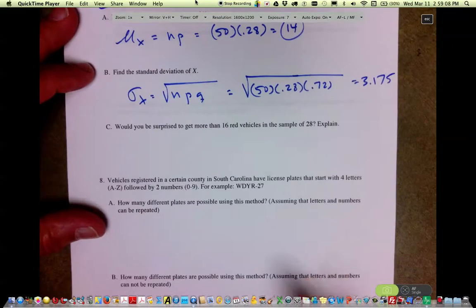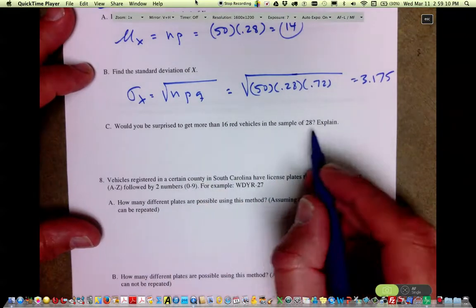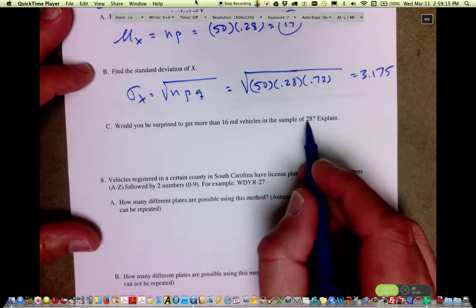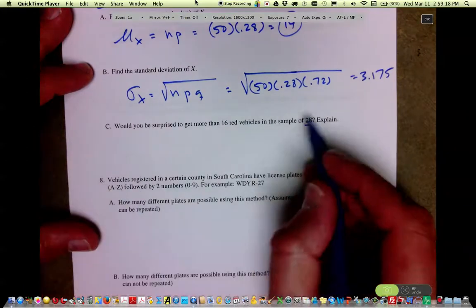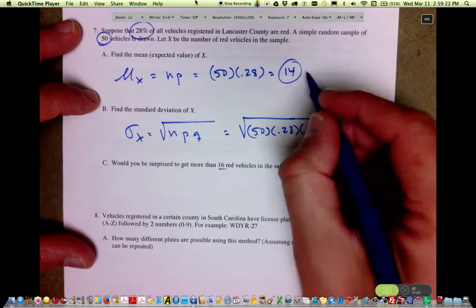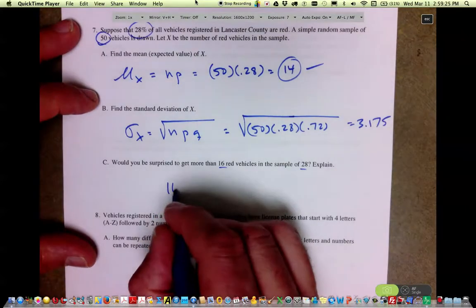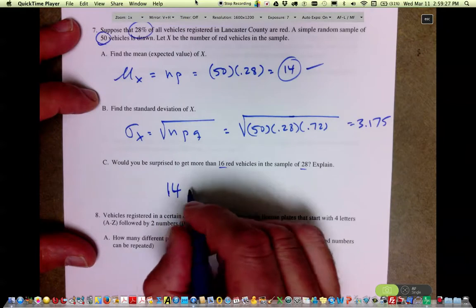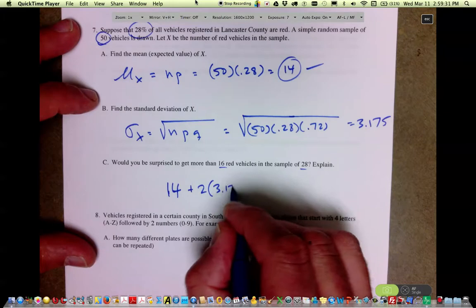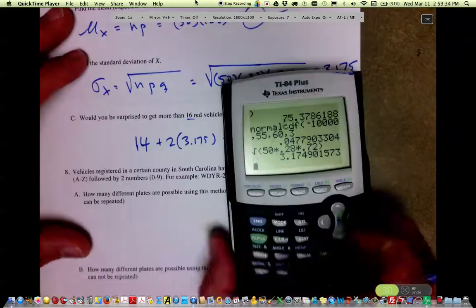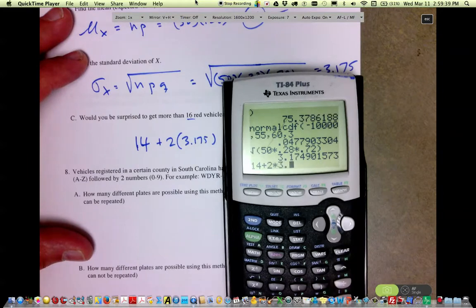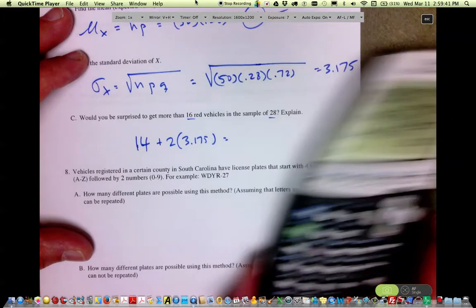Okay, and then would you be surprised to get more than 16 red vehicles in a sample of 50? We want to know, is it unusual to get 16 or more? Well, we're expecting 14. If we add 2 standard deviations to that, we get 14 plus 2 times 3.175, which puts me at 20.35.